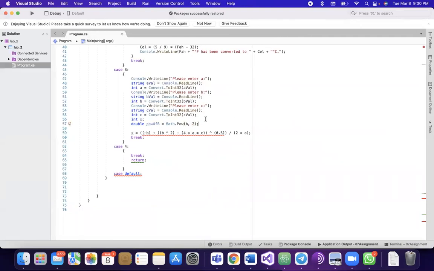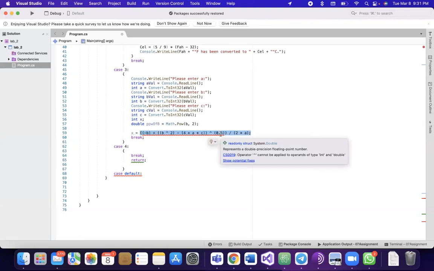And so hopefully this will work. I don't see why it wouldn't work. And then we replace this inside of the formula. So this formula is kind of confusing. I'm using the power of 0.5 to represent the square root, given that we couldn't put this symbol for square root.